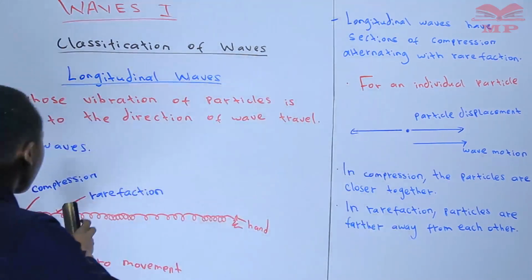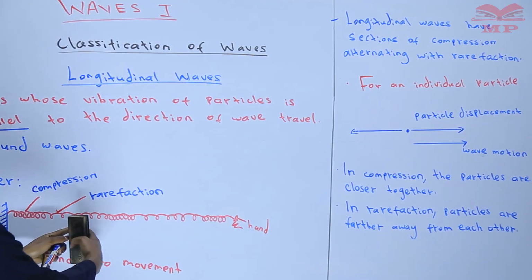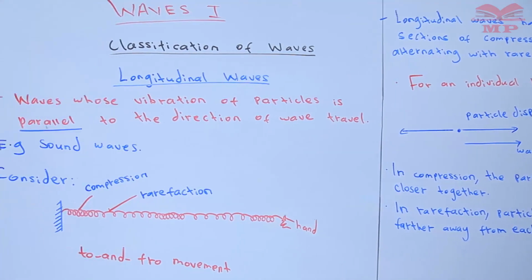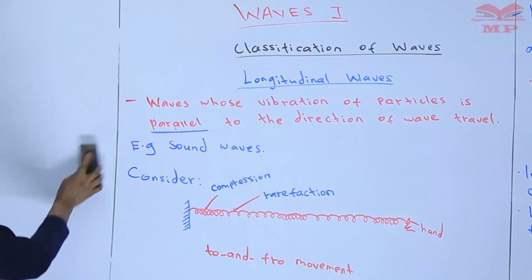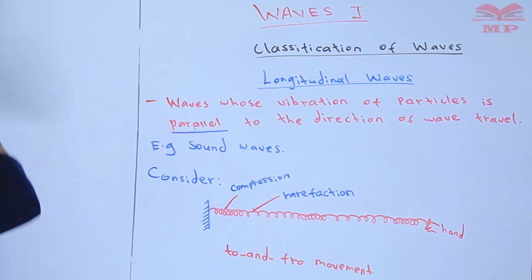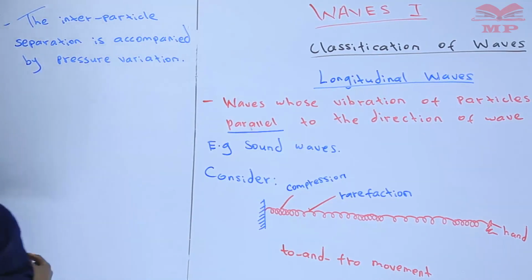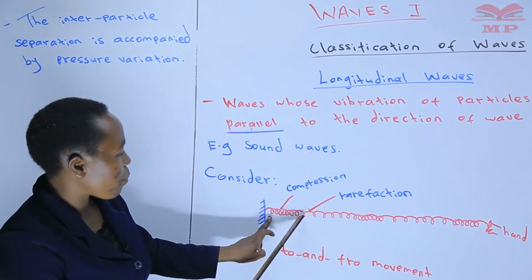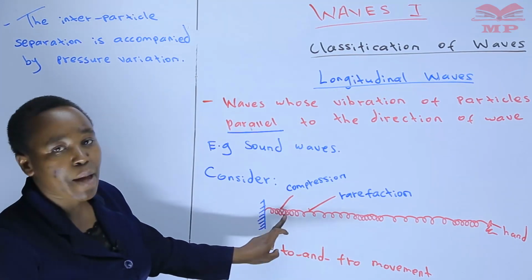So us having the particles closer here and further away from each other here, we are going to say that the interparticle separation is accompanied by pressure variation, where we have the particles pushed closer together, there will be high pressure.